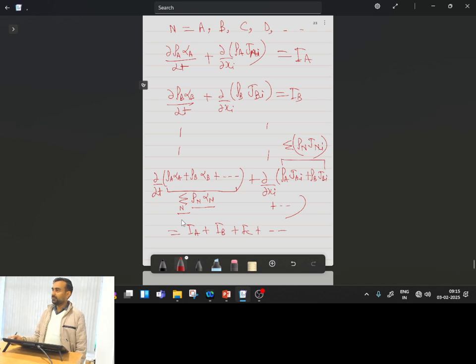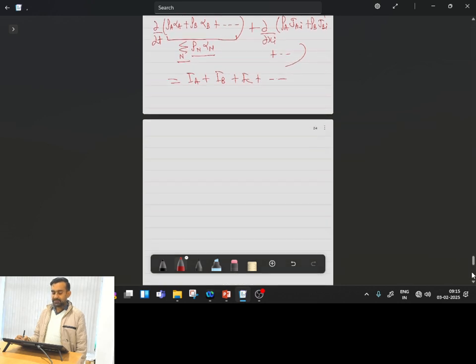Now, what is this first quantity, summation over n of rho n into alpha n? Please recall from the previous lecture and tell me. This is rho, the mixture density.